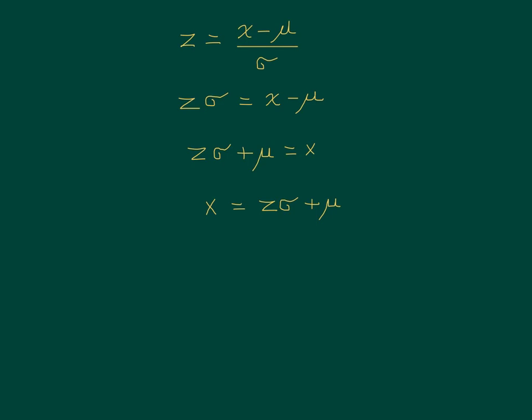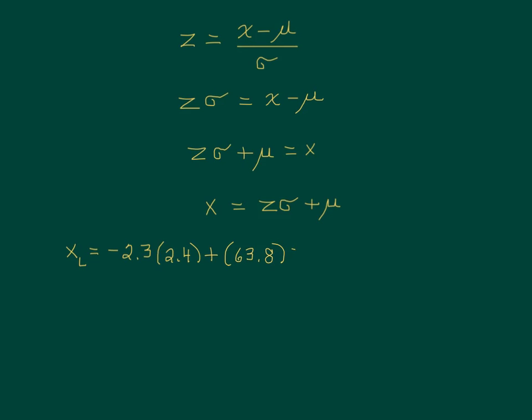So let's solve for our x to the left, and our z-score was a negative 2.3. And this is multiplied by our standard deviation, which is 2.4. And we add to this our mean height, which is 63.8.